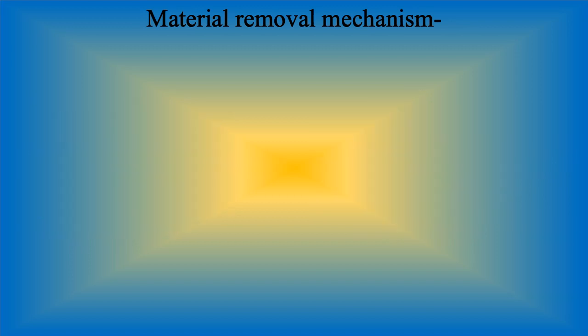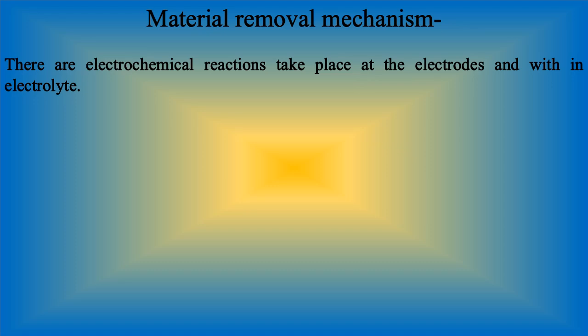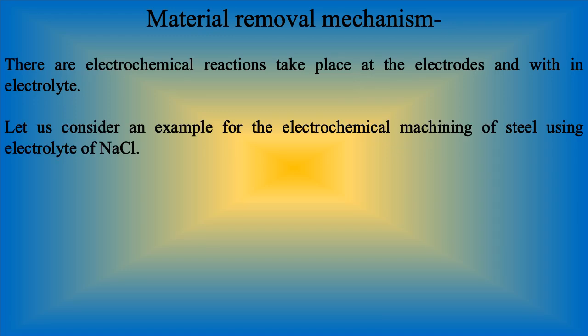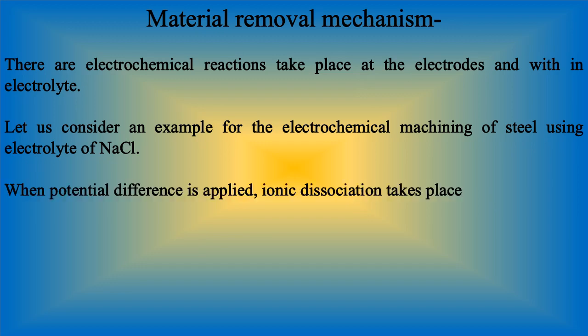Let us go through the important points of this material removal mechanism. So there are electrochemical reactions taking place at the electrodes and within the electrolyte. Consider that we want to machine steel using an electrolyte of sodium chloride. Let us see what type of reactions are taking place in the electrolyte.